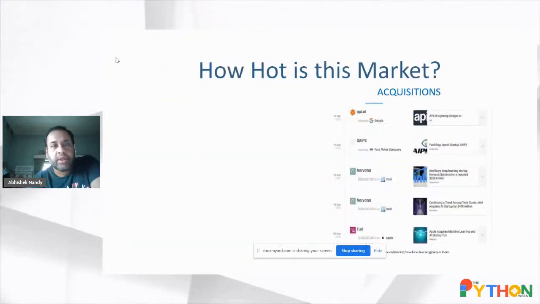Moving on, how hot is the market? If we check the acquisitions that are happening for different kinds of companies, Dialogflow has already been acquired by Google, and Nervana Systems has been acquired by Intel itself. These are companies that are doing work, their work is getting famous, and acquisitions are happening.